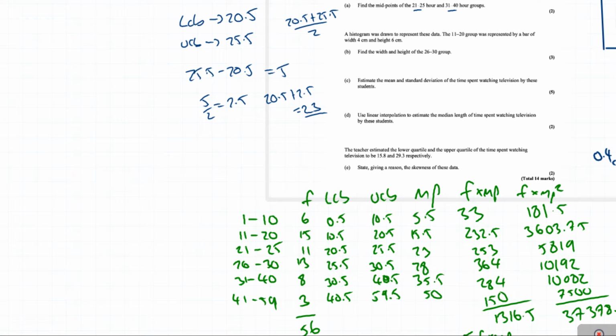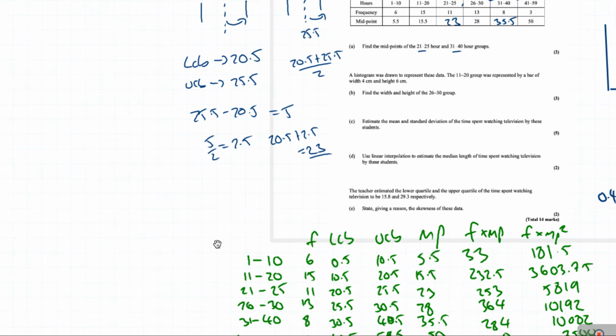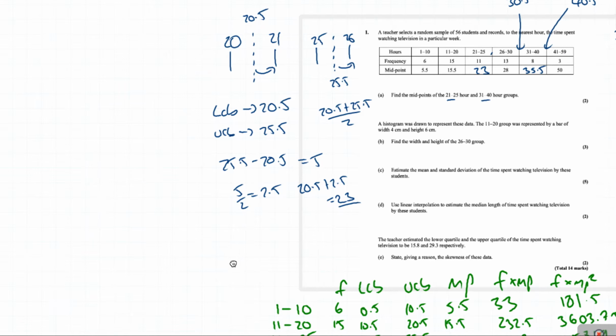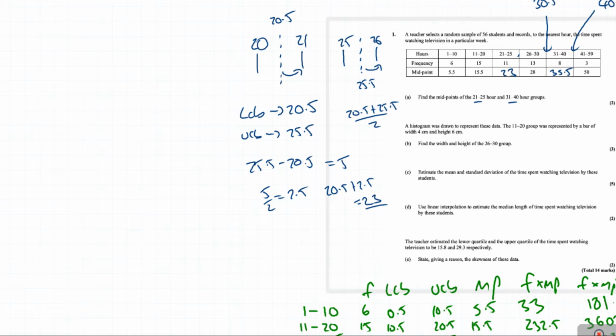The next one is to use linear interpolation to estimate the median length of time spent watching television by these students. So linear interpolation, quite a tricky question usually. So first of all, we've got the median. We've got 56 values. For this one, because it's an estimate, we don't need to use the usual median formula, which is n divided by 2 plus 1.